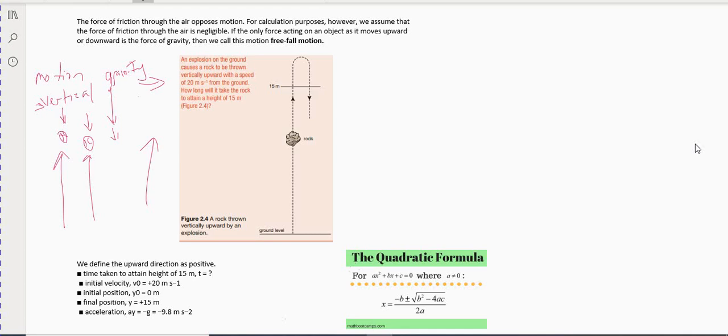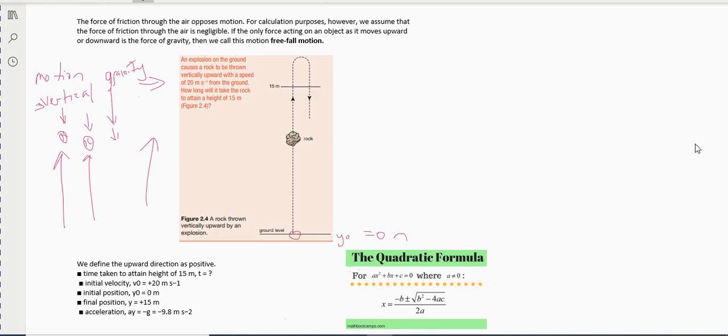So here's our ground level. At this point, we can say that our displacement in terms of the y-axis is going to be 0. So we can say y naught is equal to 0 meters.